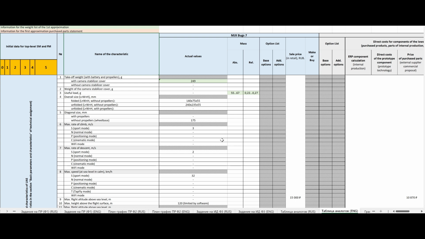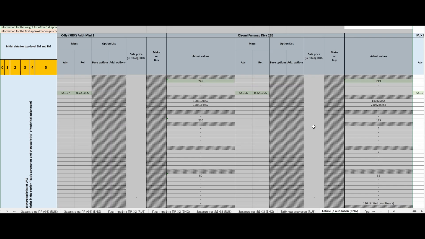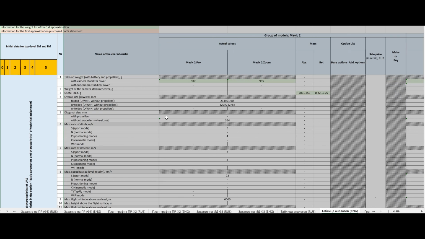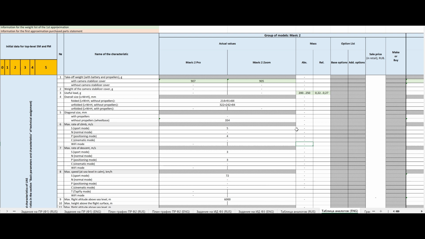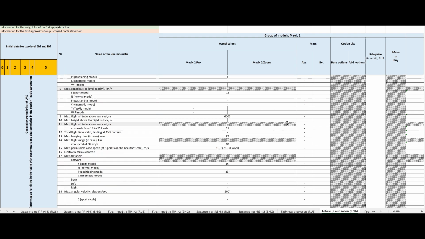By takeoff weight, we analyze the more detailed the table of analysis, and therefore the more and more complex technical requirements and technical assignment we will be able to form. The table is no exception.